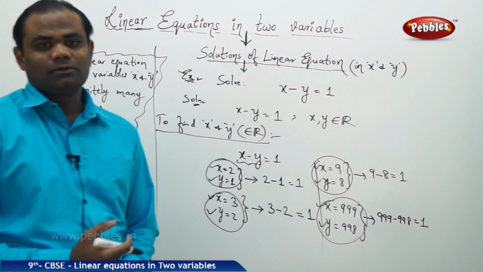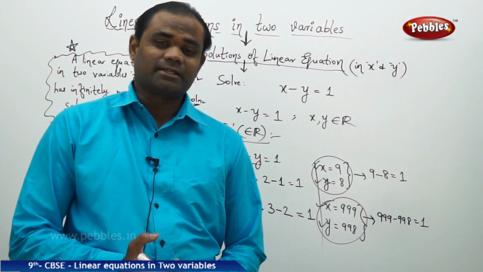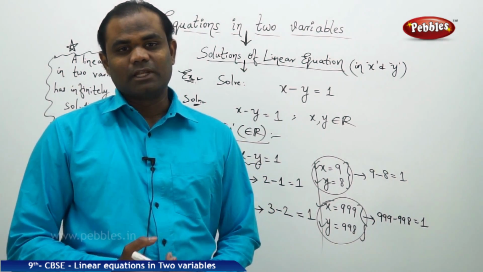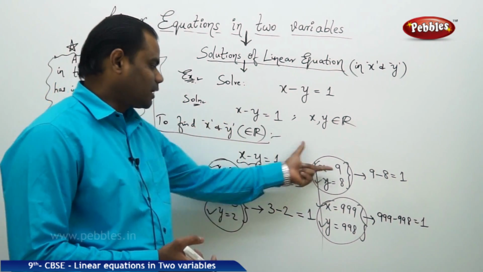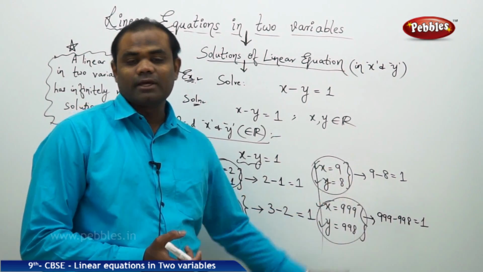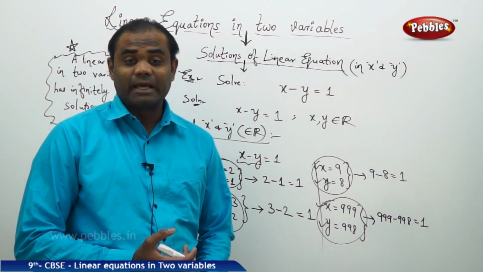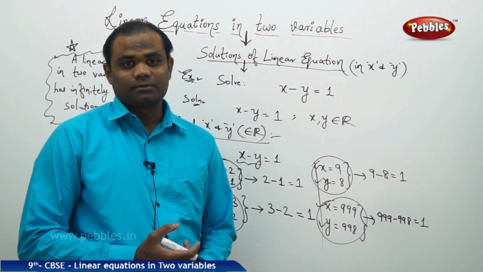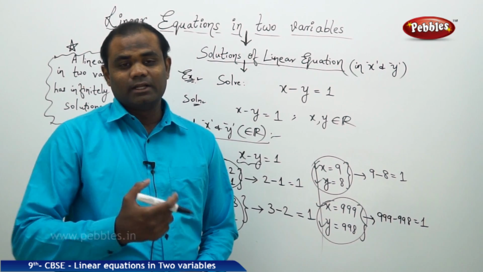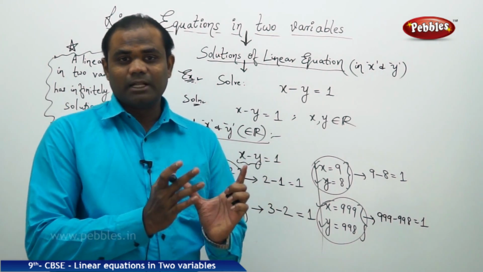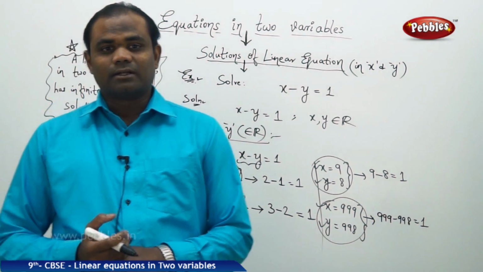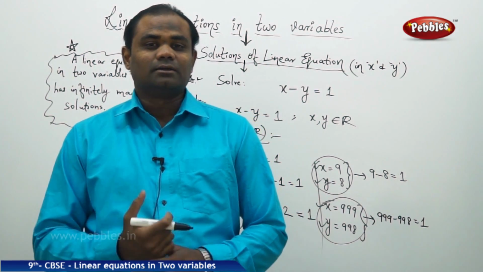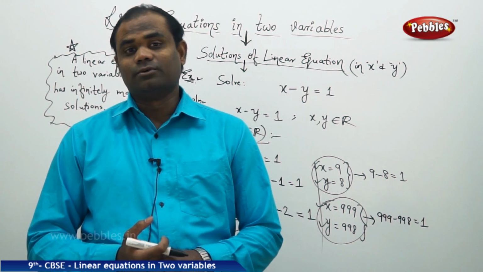The learning outcome is that a linear equation in two variables x and y has endless solutions, infinitely many pairs of x and y, as seen with the example problem, unlike the linear equation in one variable which has a unique solution. So we finally conclude a linear equation in one variable has a unique solution, and a linear equation in two variables has infinitely many solutions, cannot be unique.